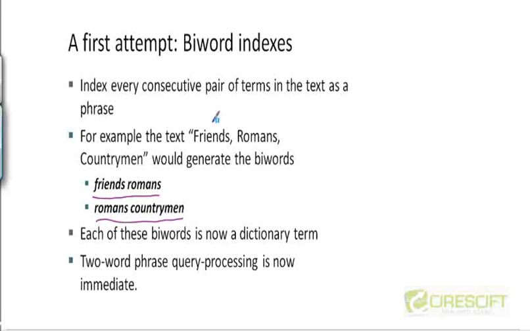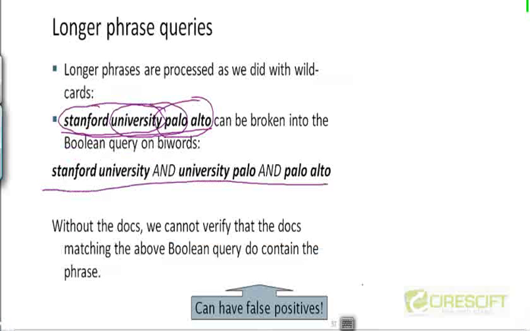And that allows us to answer phrase queries. Two-word phrase queries, of course, can be directly answered using this index, but even longer queries can be answered by breaking them down into consecutive pairs of terms. And we saw that this can have certain false positives.